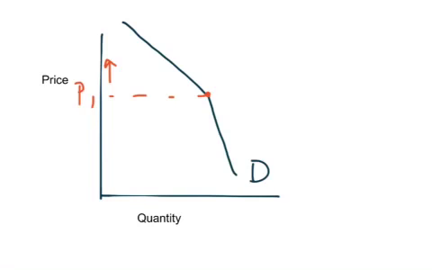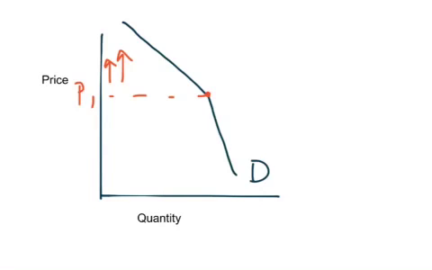And so what happens is that if the firm increases the price, other firms tend not to follow the price increase. So that means that if the firm increases the price, other firms don't increase their price, and therefore the consumer who is buying from firm A can switch to firm B.